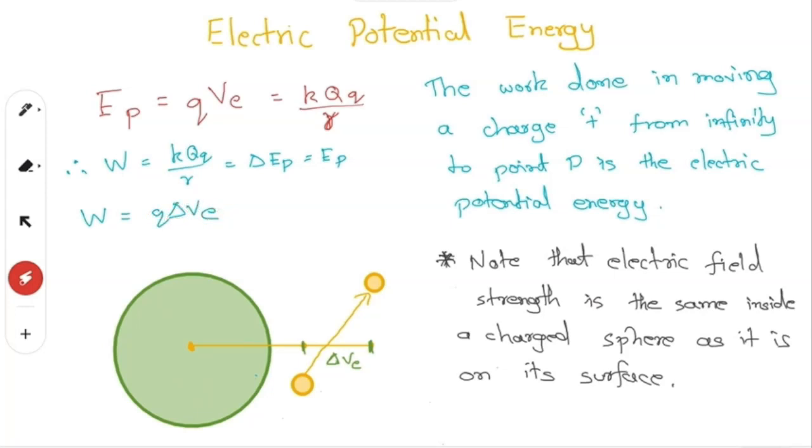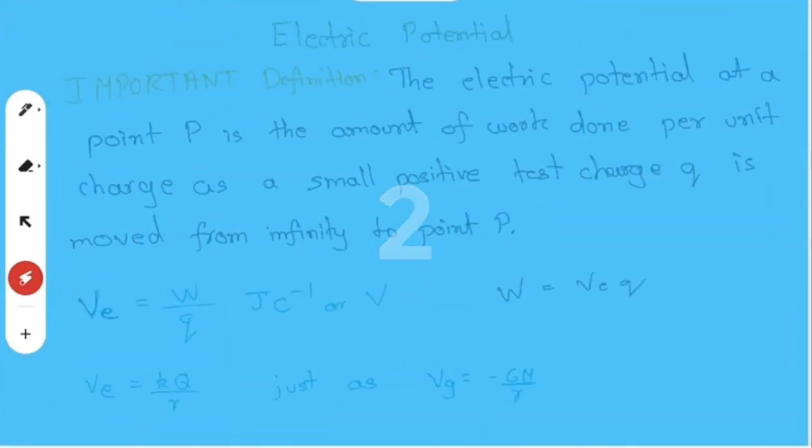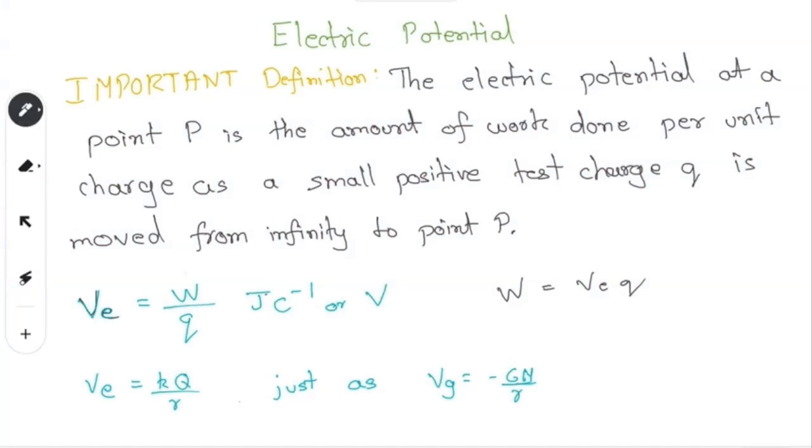And I think this can be explained in terms of what change in something actually means. So suppose we have some point here and another point here. And if I were to say that the electric potential at this point was 0 volts and at this point it was 5 volts, well then what is the change in electric potential? It's just 5 volts. But that's also the same thing as the electric potential here at this point.